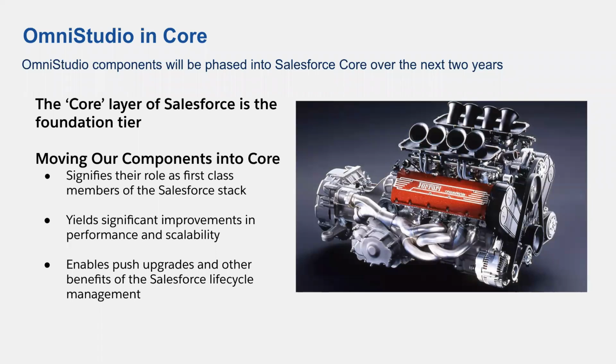As we do this, we'll also move towards push upgrades, and that won't happen right away. It'll take a couple of releases, but it's something that we have on our roadmap, and probably roughly a year from now, we'll be doing push upgrades so that people won't have to pull new versions of our packages.